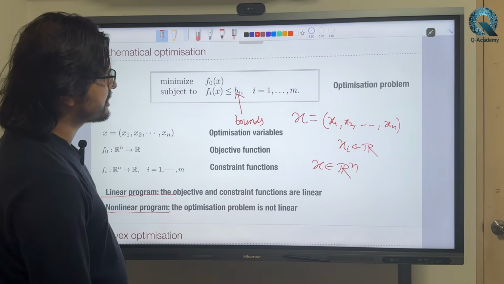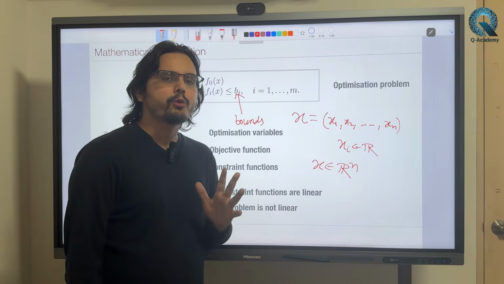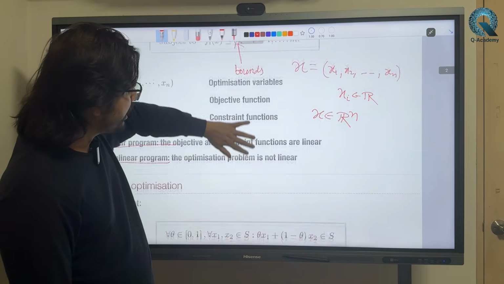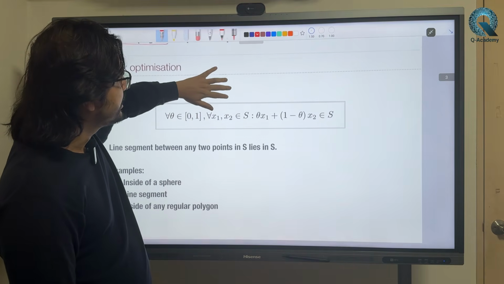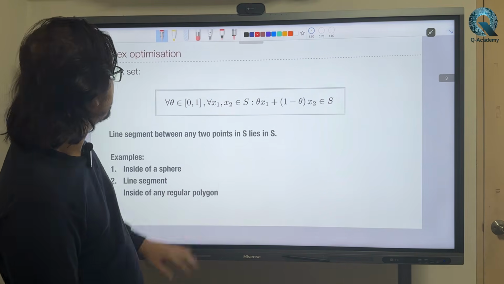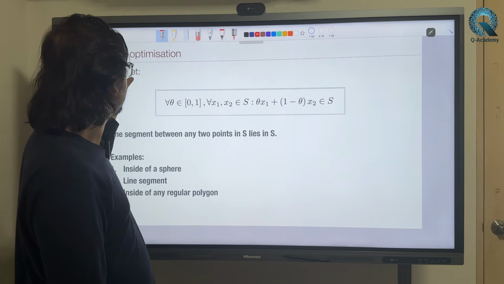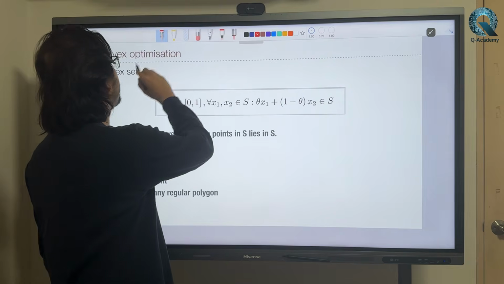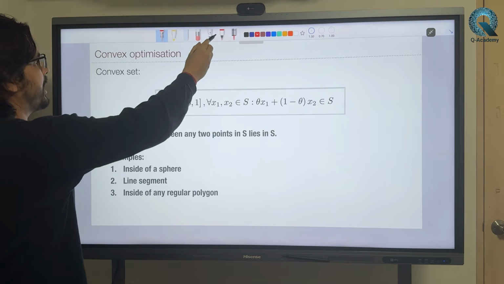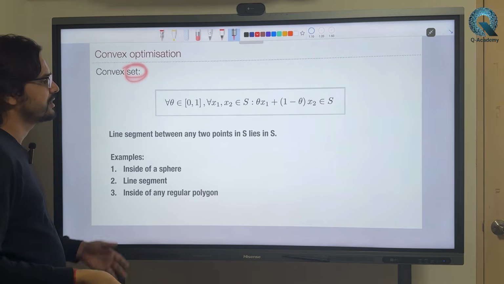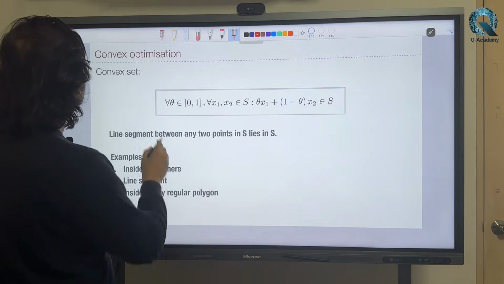Anyway, let's try to understand the meaning of convex optimization. To talk about that, you should try to understand the meaning of convex, which comes from something called a convex set. What is a convex set? I believe we all know the meaning of a set. It's just a collection of elements.